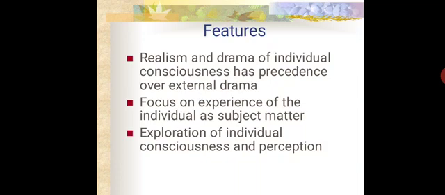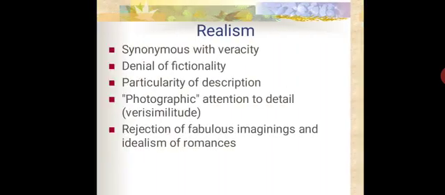Whatever life, as we have seen, is presented in the novels. Next is exploration of individual consciousness and perception. Here, individual consciousness and perception, whatever the middle class people see in society, is explored throughout the novels.